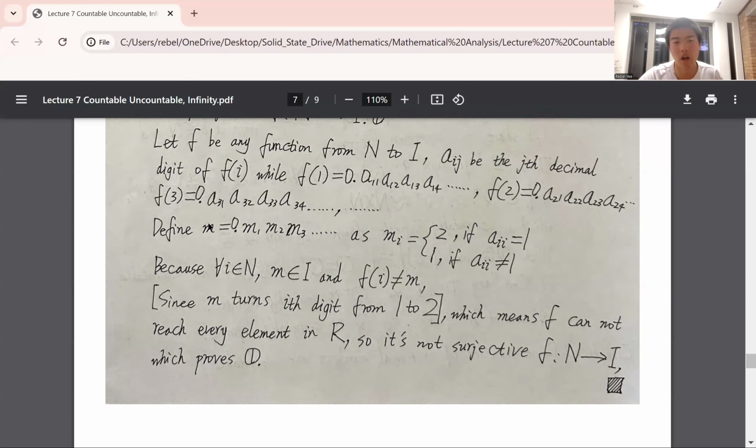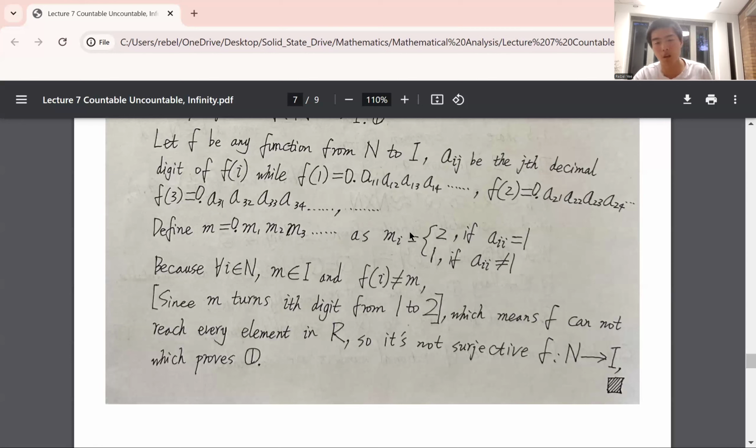We can also define another number m equal to 0.m1 m2 m3 and so on, where m_i is 2 if a_ii is 1, we change it into 2, and if it's not 1, we change it into 1.